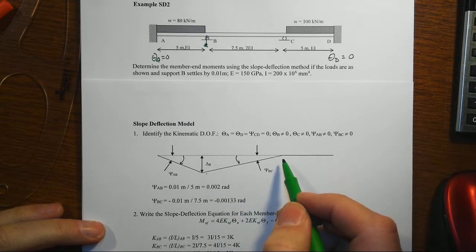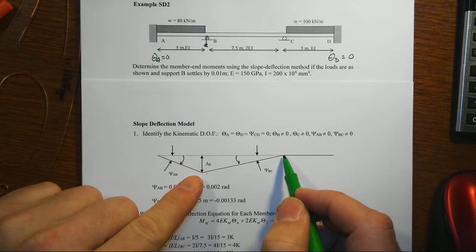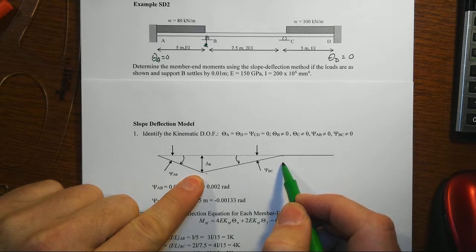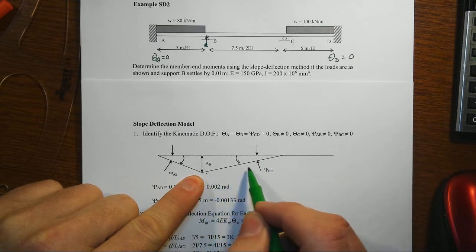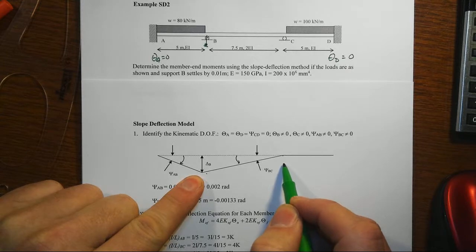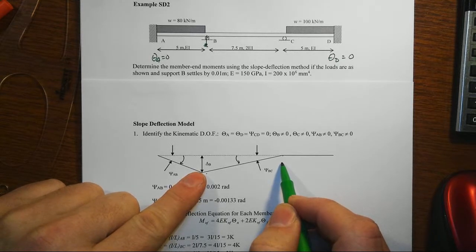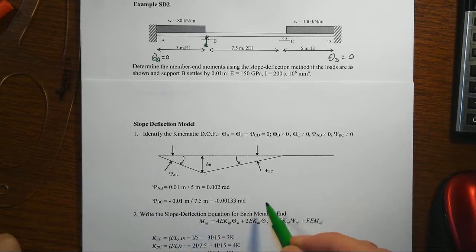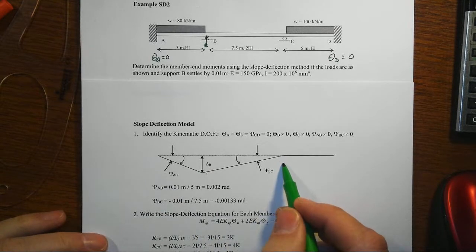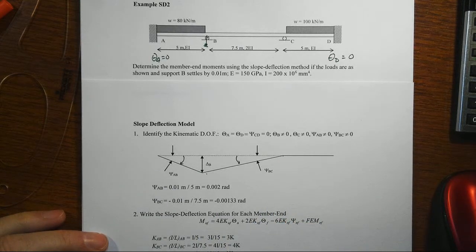Now, if both B and C had moved down, that would have lessened the amount of chord rotation of BC. In other words, we need to use the differential settlement to get the chord rotation value. Of course, if that had happened, then the right-hand span would have had a chord rotation value too.